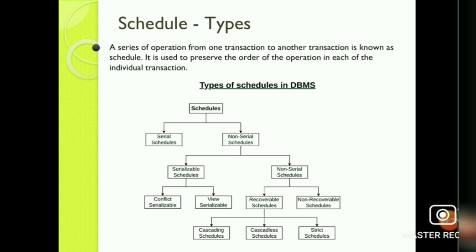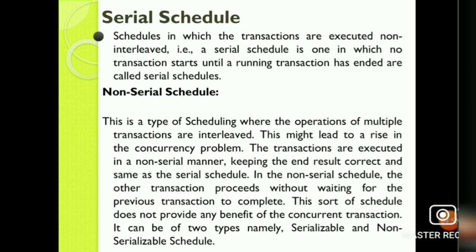Serializable schedule can be classified into conflict serializability and view serializability. Non-serial schedules can also be categorized as recoverable schedule and non-recoverable schedule. Recoverable schedules are again classified into cascading, cascadeless, and strict schedules. We will discuss the types of schedules in detail.